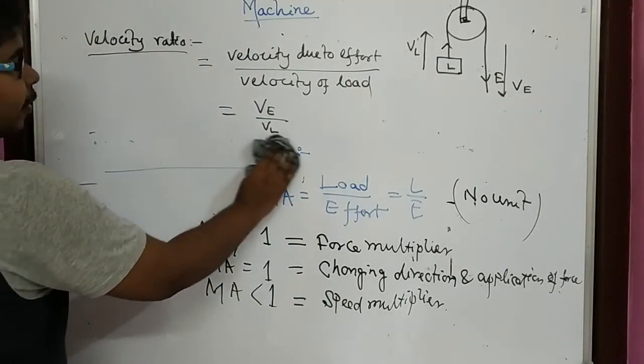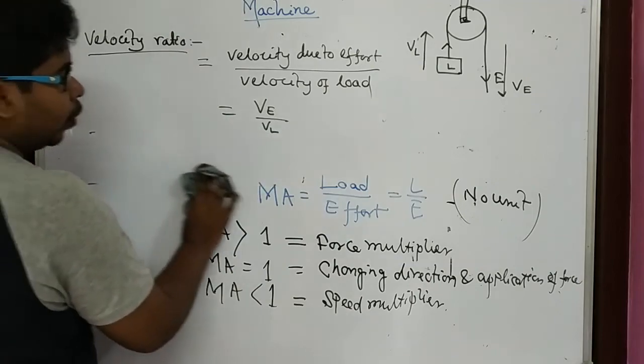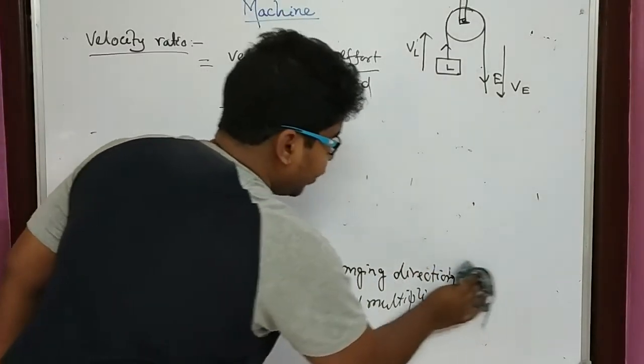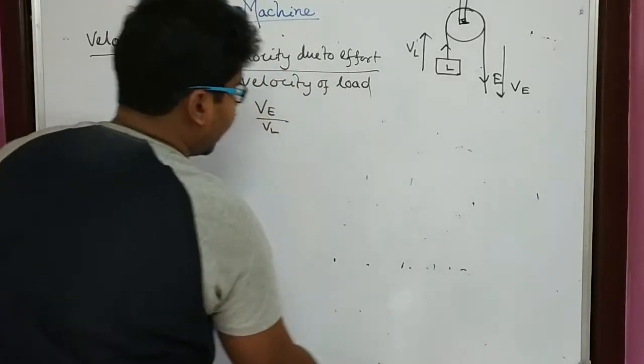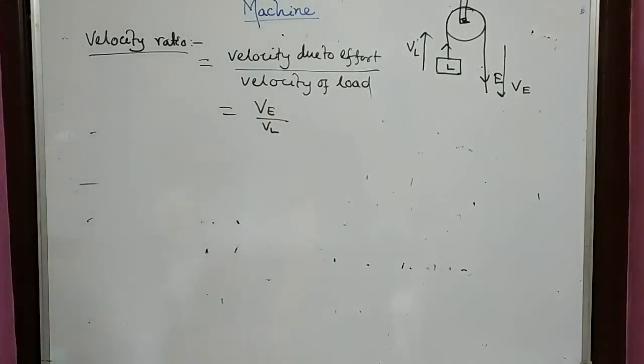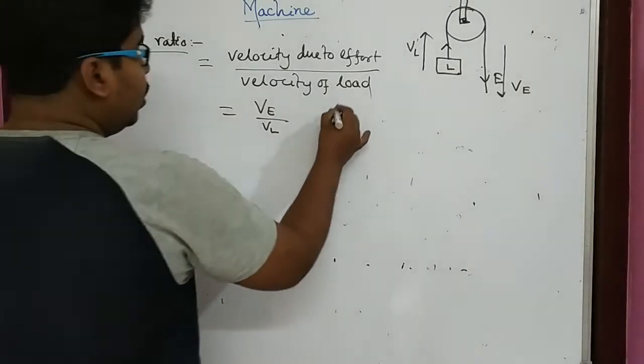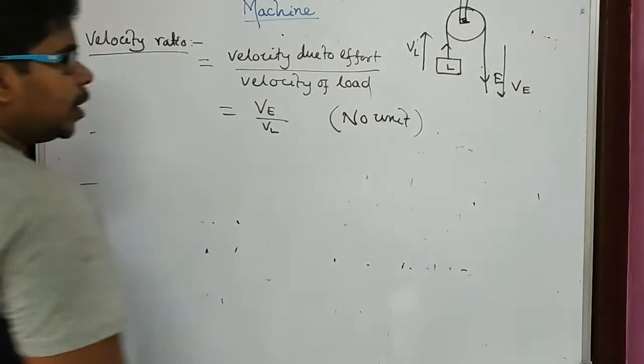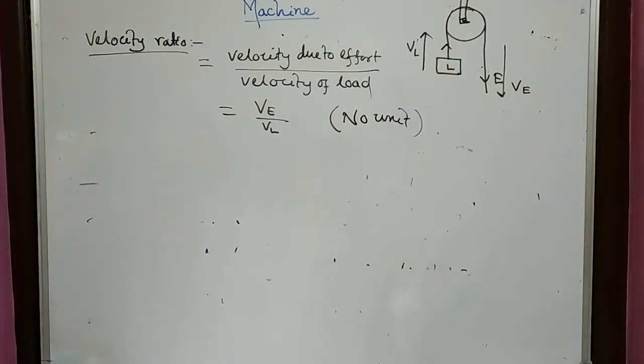Velocity due to effort by velocity of load is known as velocity ratio. As it is also the ratio of two same kind of quantity, there is also no unit. It is also a number like mechanical advantage.